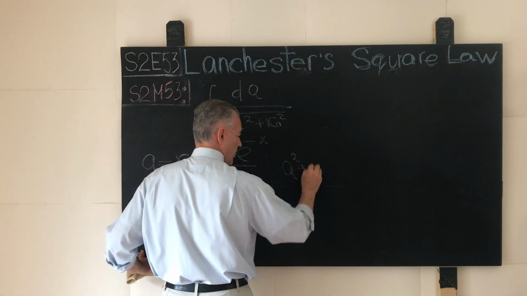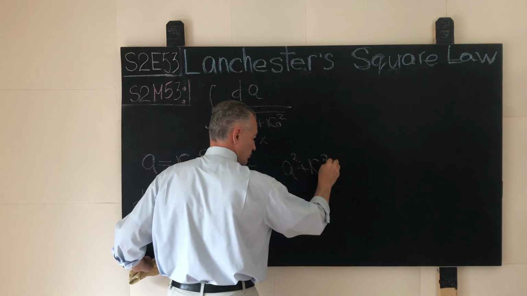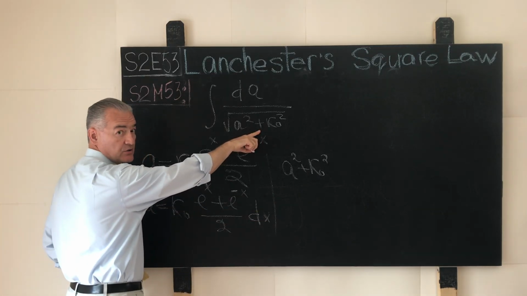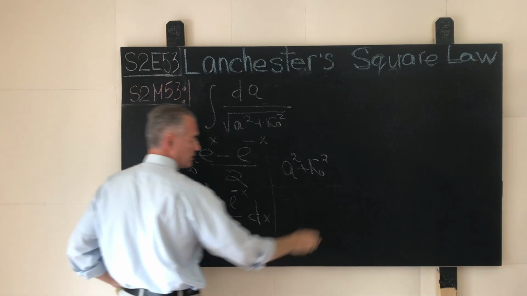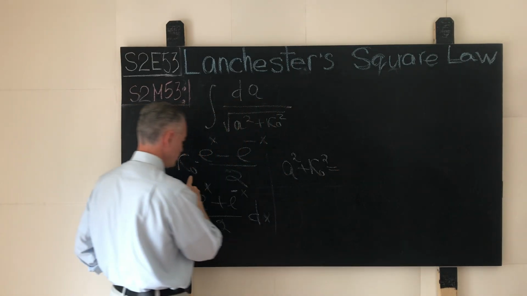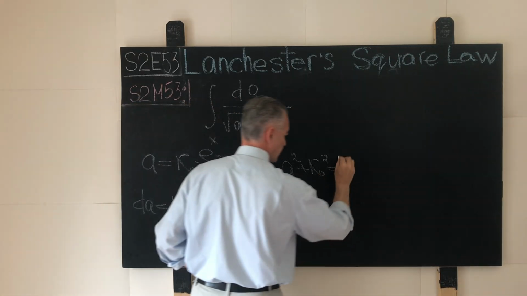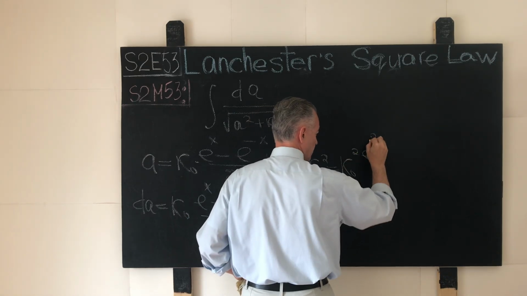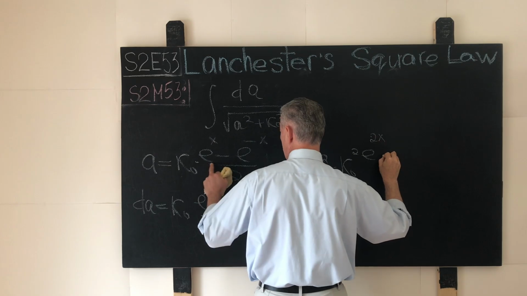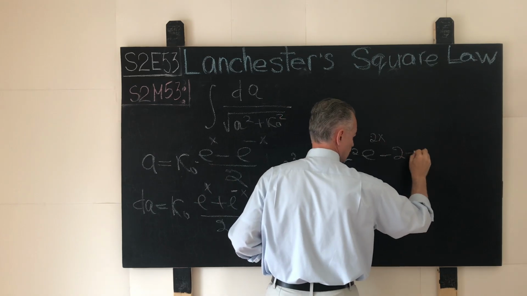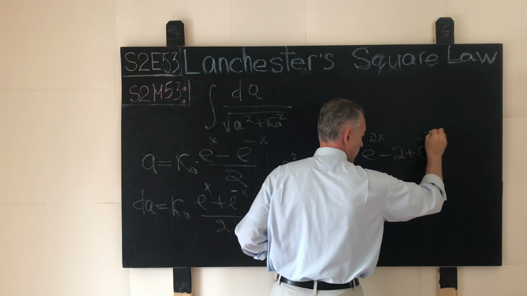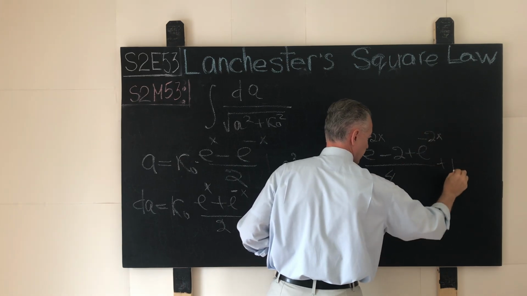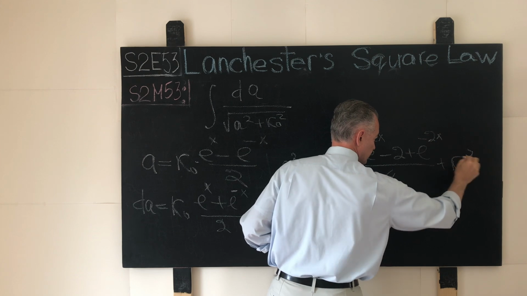A squared plus k0 squared. You see the expression that we have in the denominator of the integrand? Let's just run over it with this substitution. So what will we have? k0 squared in the numerator, e to the power 2x minus 2 plus e to the power minus 2x over 4, plus k0 squared.